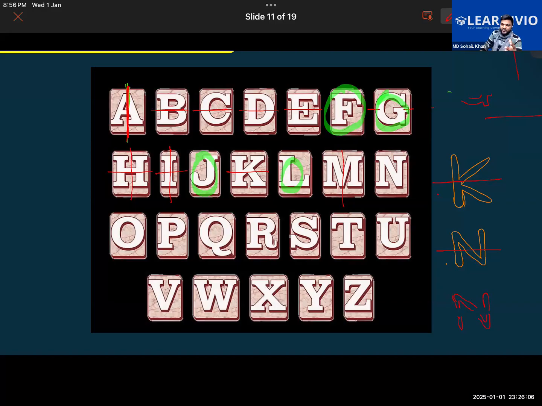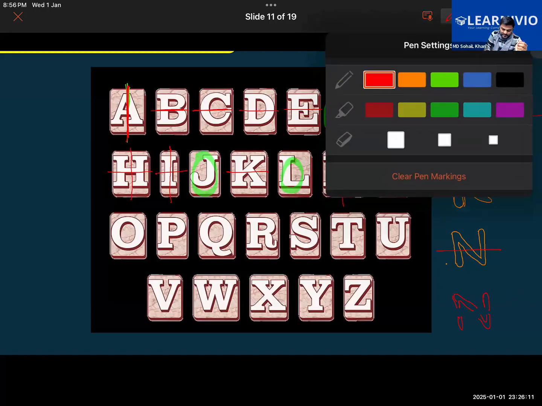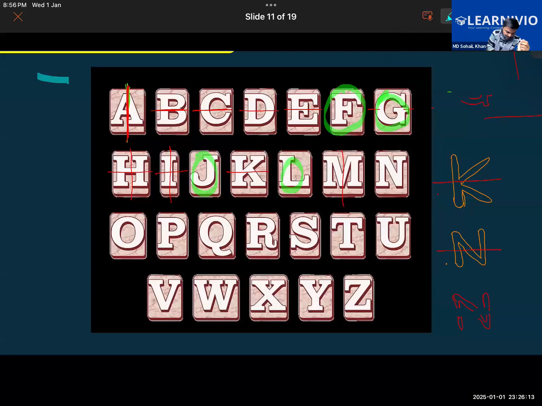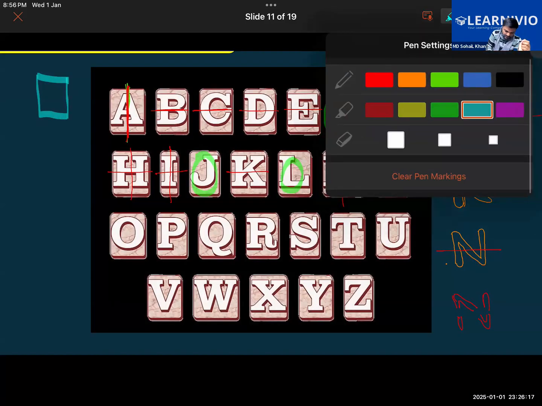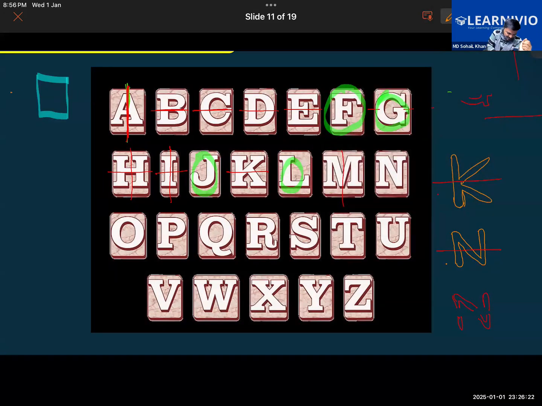Identical means that one should be the mirror image of another. Mirror image means that, for example, you're standing in front of the mirror. Suppose an object is placed in front of the mirror that is having a shape like this. Getting it? This is an object.